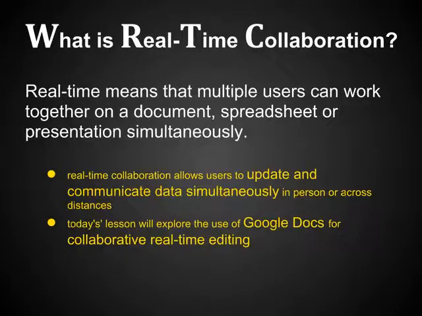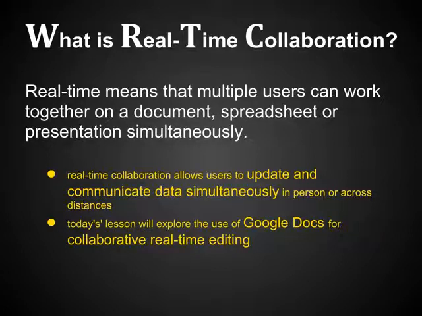All right. So what is real-time collaboration? Well, that just means that multiple people can work on something at the same time. So Google allows us to do something that we couldn't otherwise do. It allows people to transcend distance and time to come together and work in the same document. Real time, they can see each other typing.